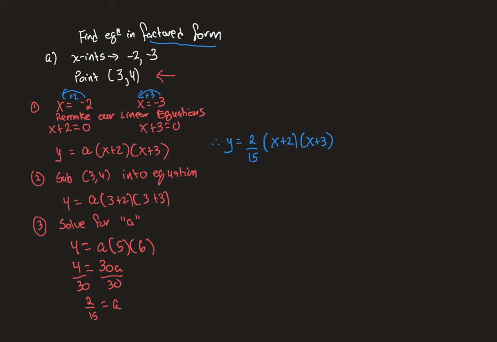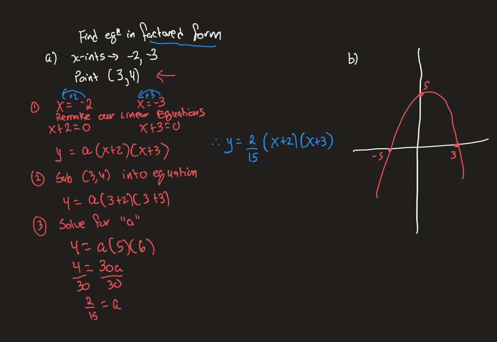Could I also do this from a graph? You absolutely can. So let's say, let's do a graph here. And let's say this is my graph. Let's do this in a different color. Let's go with red, because you can never go wrong with red. And usually in the graph, they will give you points that you can most likely see. So in this one, I'm going to give you your x-intercepts. So let's say -5, +3, and let's say this is happening at 5 over here.